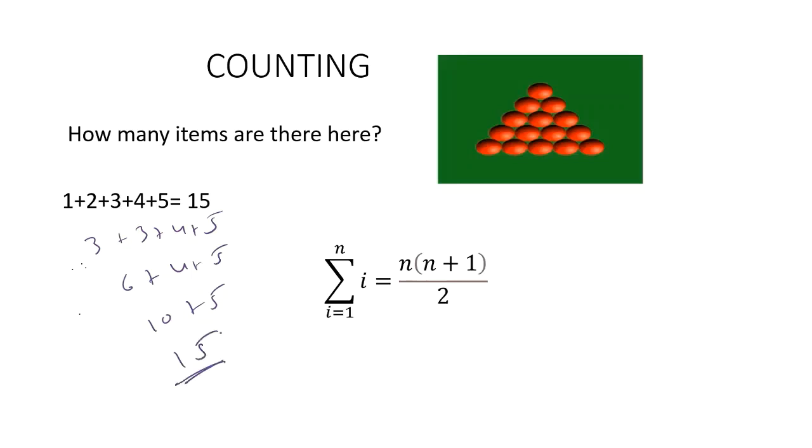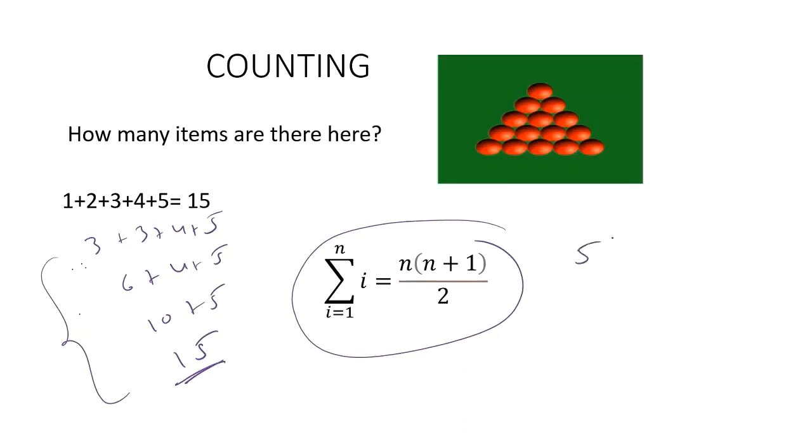Anyway, we will not count in this way. We have come across this formula in your first year: summation i equals 1 to n of i is equal to n times n plus 1 upon 2. Here instead of n we have 5. So the answer is 5 times 5 plus 1 upon 2, which is equal to 5 times 6 upon 2, which is equal to 15.